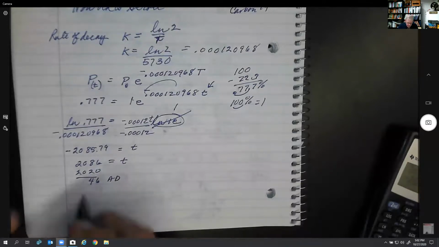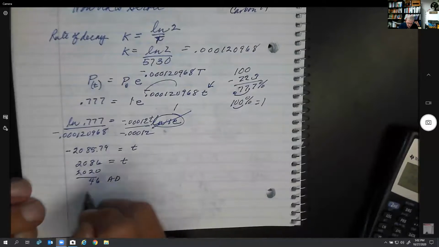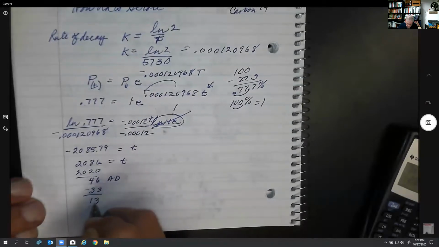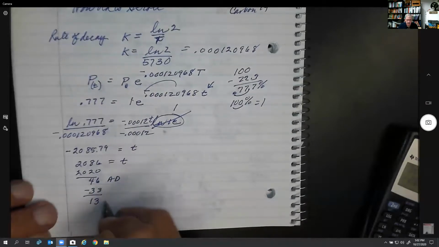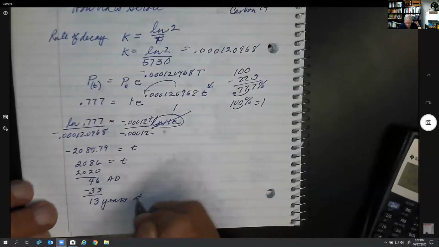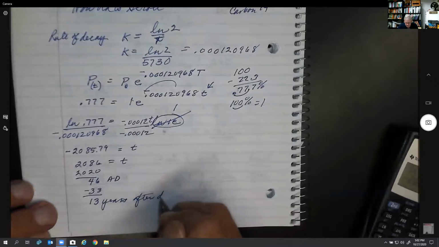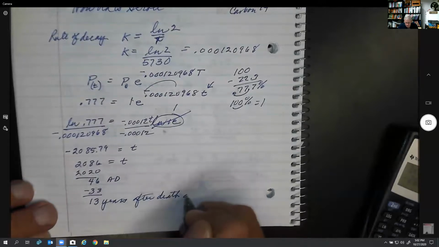So Christ died when he was 33, so this had to be written about 13 years after the death of Christ, is what I figure.